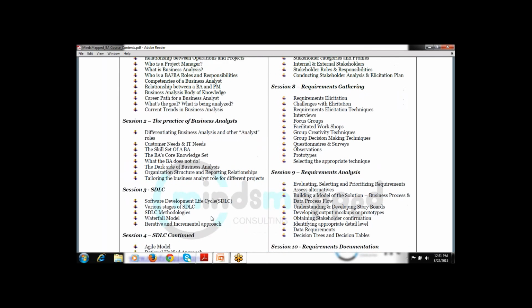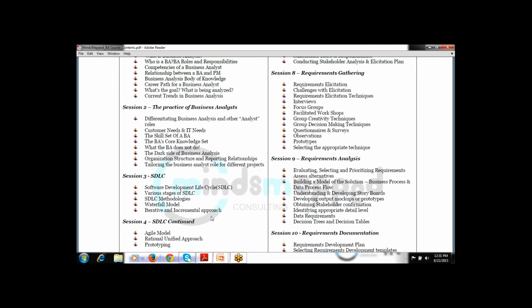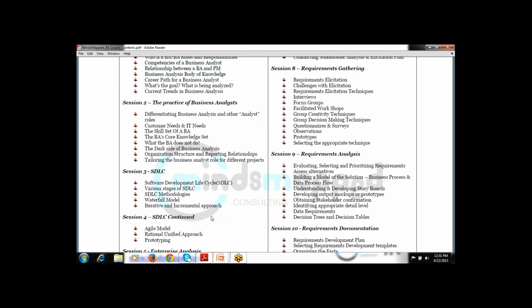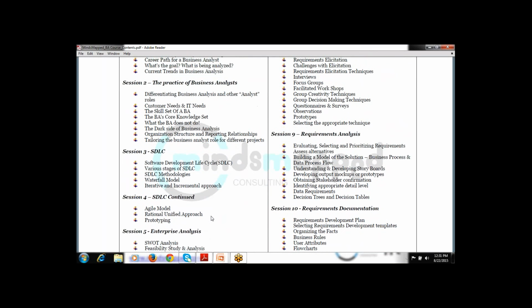The eighth session would be on gathering requirements, elicitation, interviews, and focus groups, and how you actually get the requirements. And we would be doing a lot of practical case studies, a lot of examples, right?